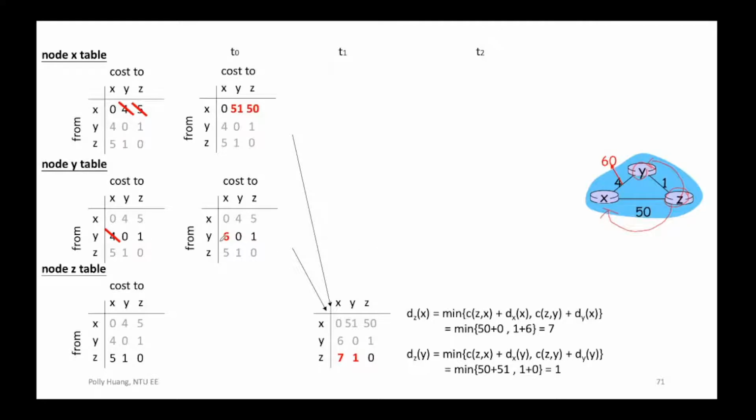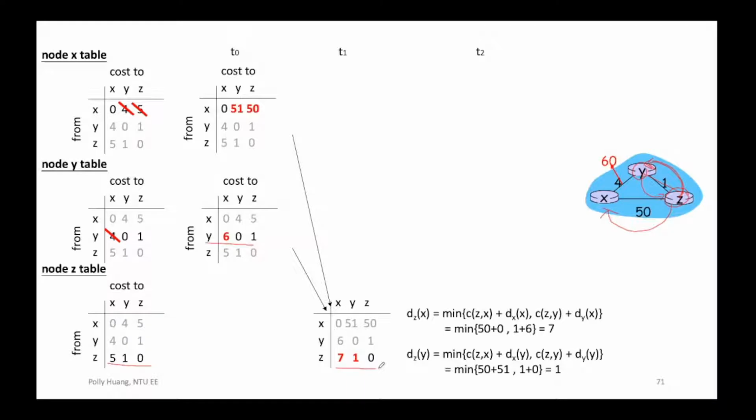But you see, y here thought the shortest distance to x is 6, and the next hop is z, because z knew a way much earlier saying the shortest path to x is 5, and the next hop is z. So you see we have actually looped 1.5 times on link y and z trying to develop what is the true shortest path.